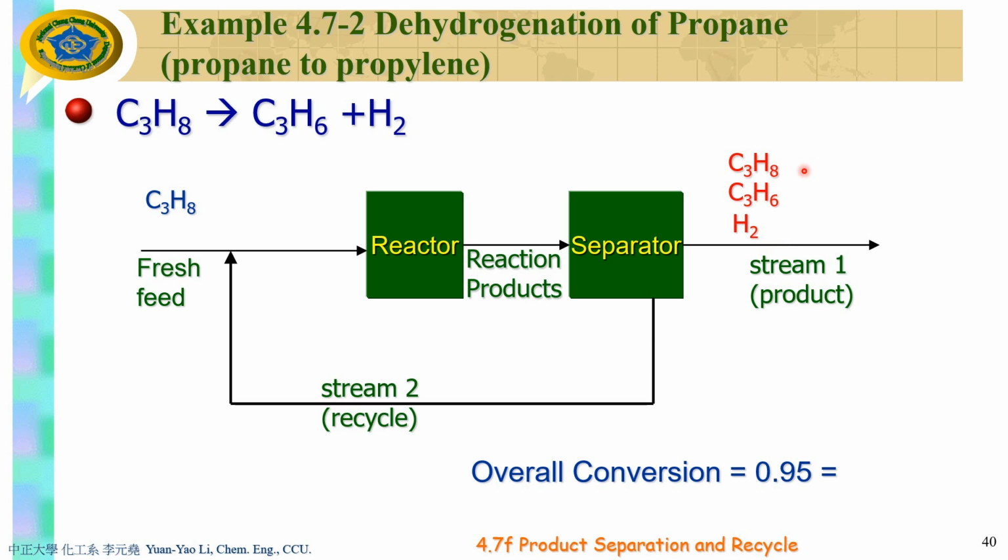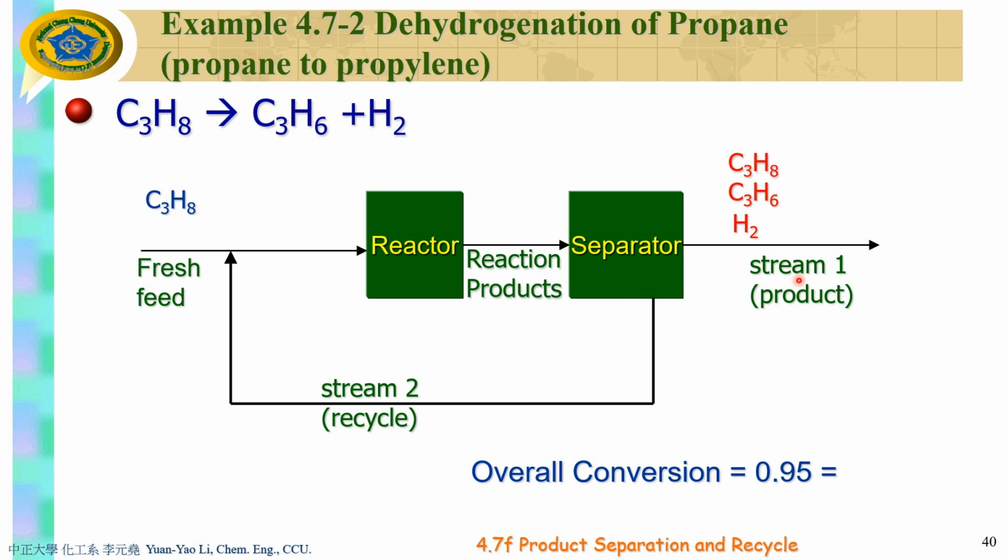In the second stream, which contains the balance of the unreacted propane and the propylene in an amount equal to 5% of that in the first stream. So this is another specification related to the recycle stream and the product stream on the slide. This is the third specification. Of that, the first stream is recycled to the reactor.